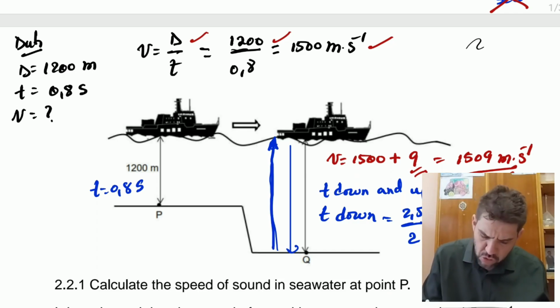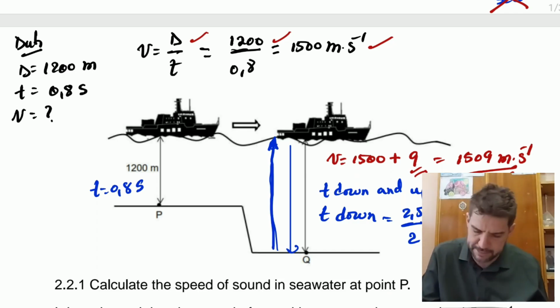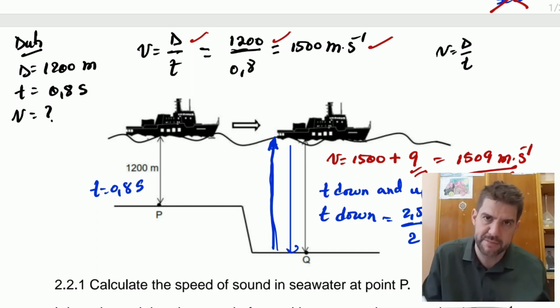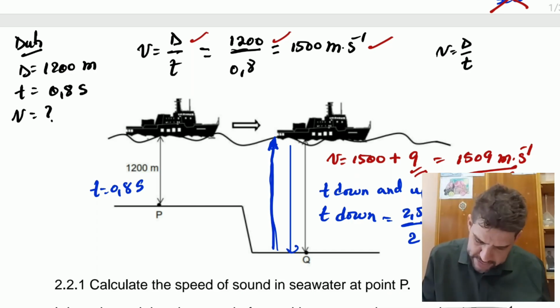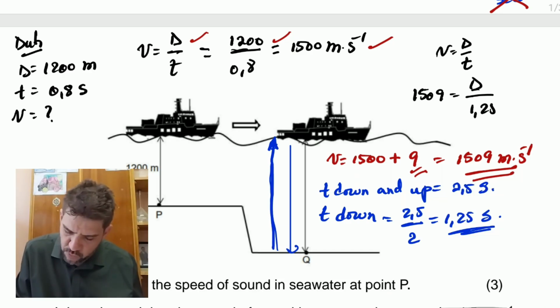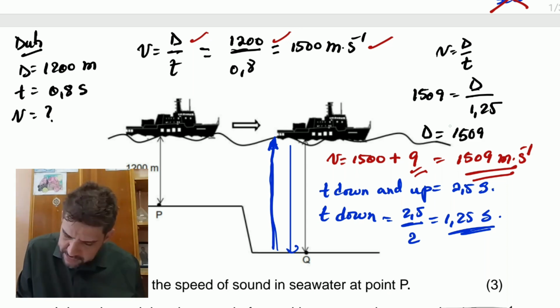All right. And I'm not going to write the data, it is just written here. So speed is equal to distance divided by time. Remember, it's the time to go down only. The speed is 1,509. The distance is what we are looking for, and the time is 1.25. When you rearrange, you'll get the distance is equal to 1,509 multiplied by 1.25.